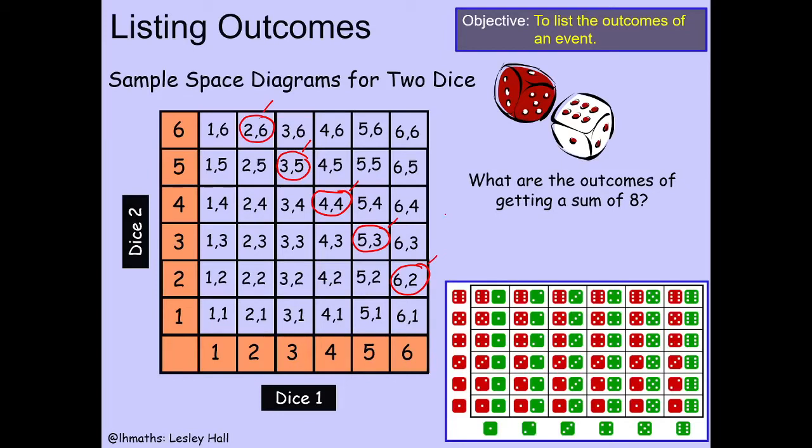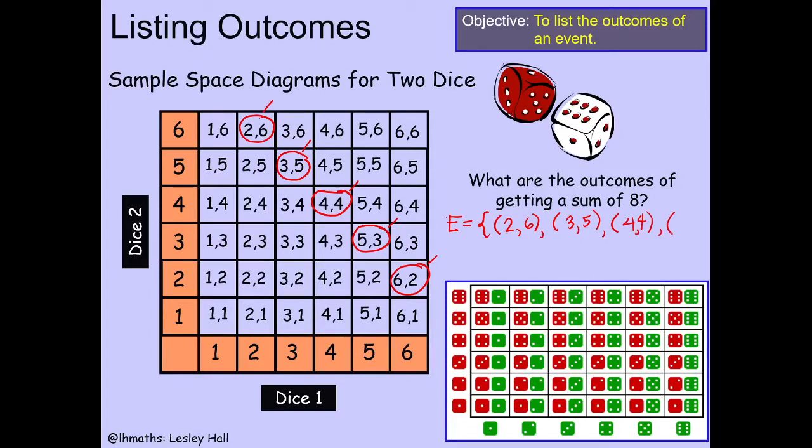Sir, how do you write that as a sample space, or probably a list of outcomes? That is using the letter E over here. That will give us braces, parenthesis, 2, 6, parenthesis, 3, 5, parenthesis, 4, 4.